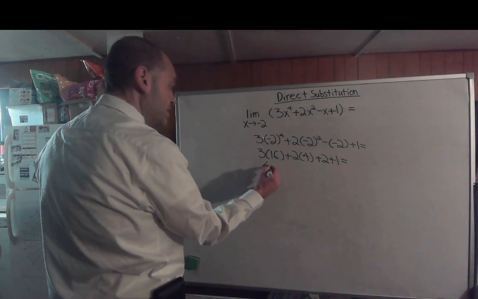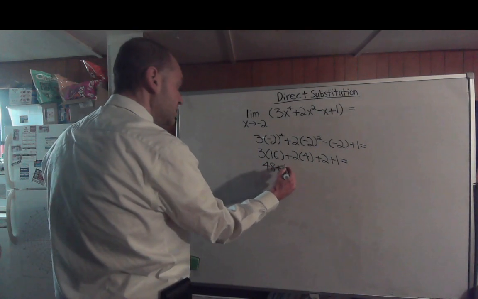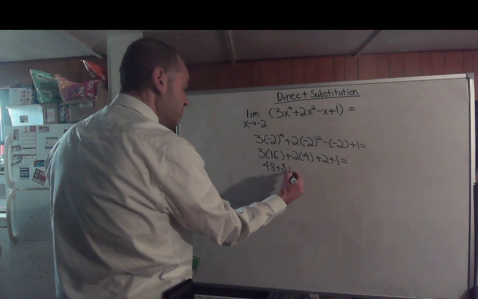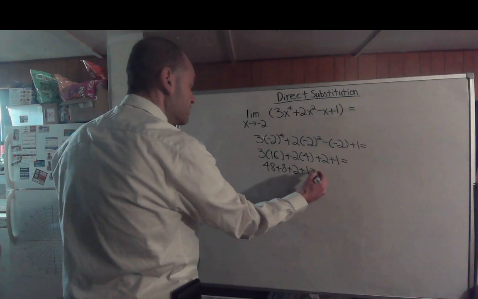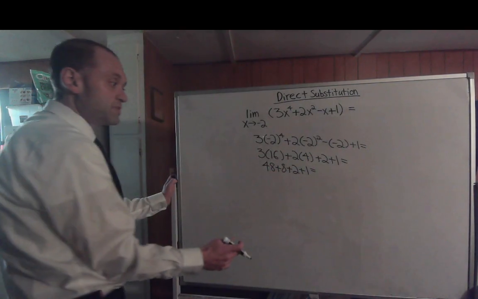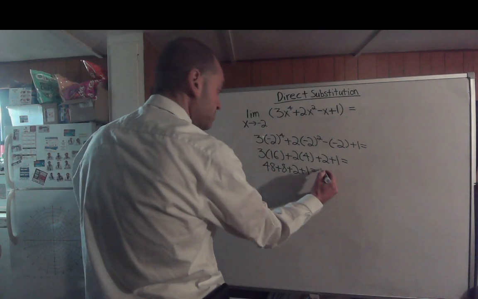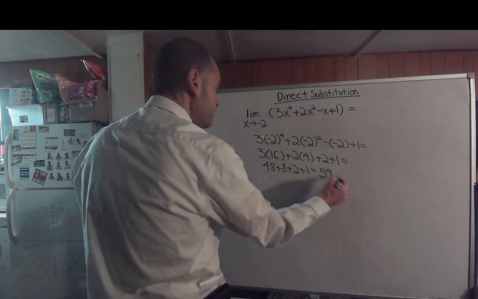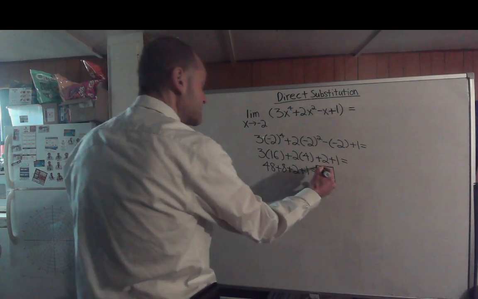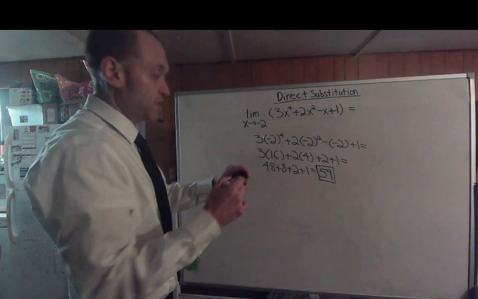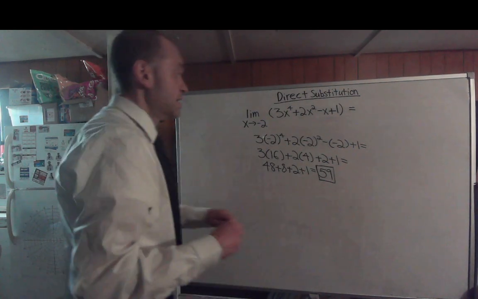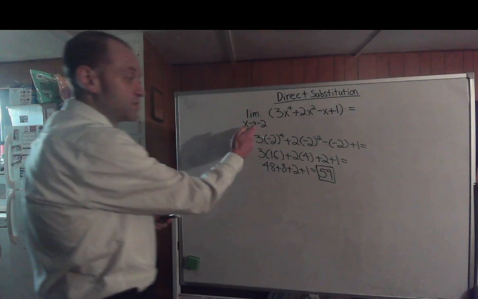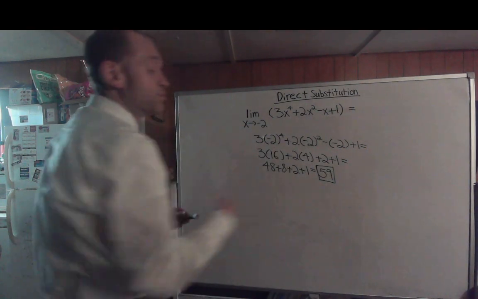So that would end up giving us 48 plus 8 plus 2 plus 1. So 48 plus 8 is 56, plus 2 is 58, plus 1 is 59. So the limit as x approaches negative 2 of this function would be 59. So as x approaches negative 2, your y value is going to approach 59.